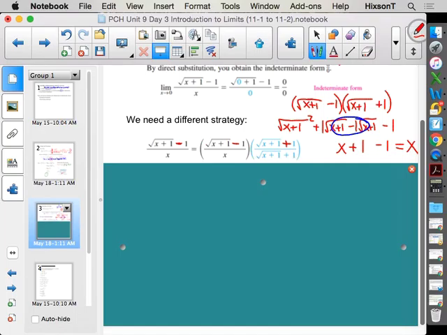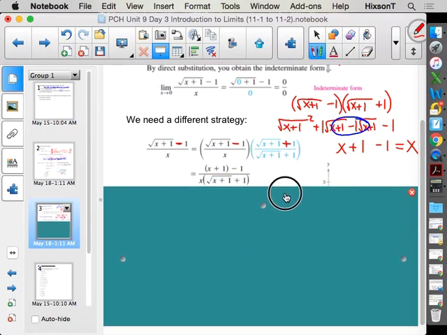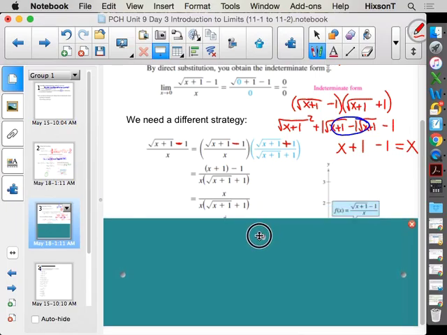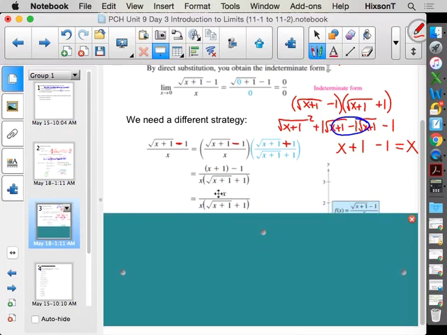Any questions on the multiplication there? Okay, so as we do that, notice here's the simplifying. I'm going to just leave the denominator as x times square root of x plus 1 plus 1. I'm not going to distribute that in yet. Okay? But notice my numerator gets down to here.